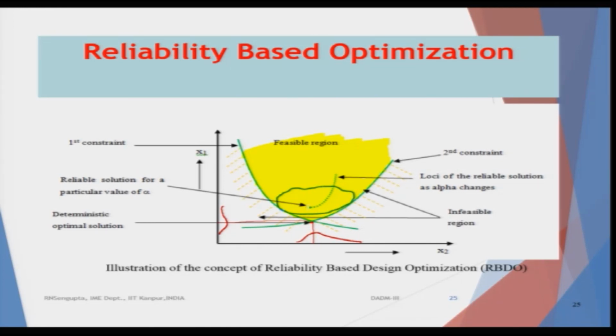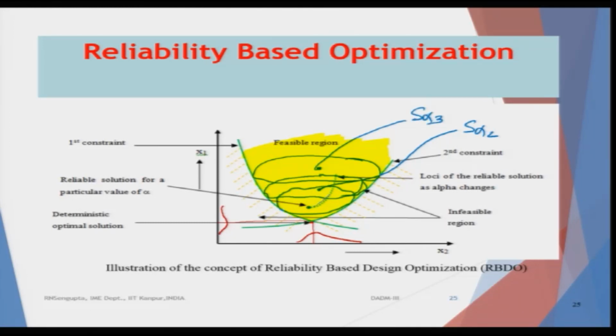So, here is alpha, and the area which you have as the reliability changes. So, you will basically have for alpha 2, alpha 3. So, this is the solution for S alpha 2, this is the solution for S alpha 3. So, this loci which I have drawn would basically be like going like this.